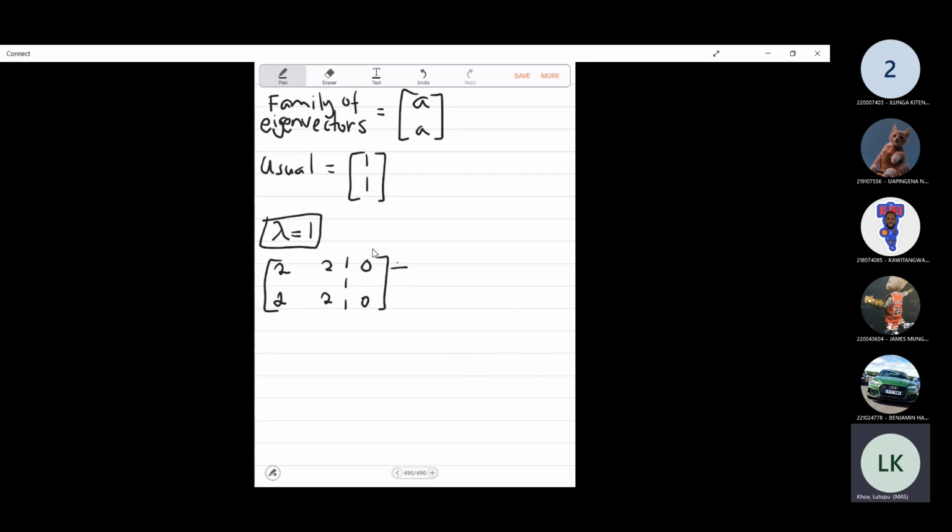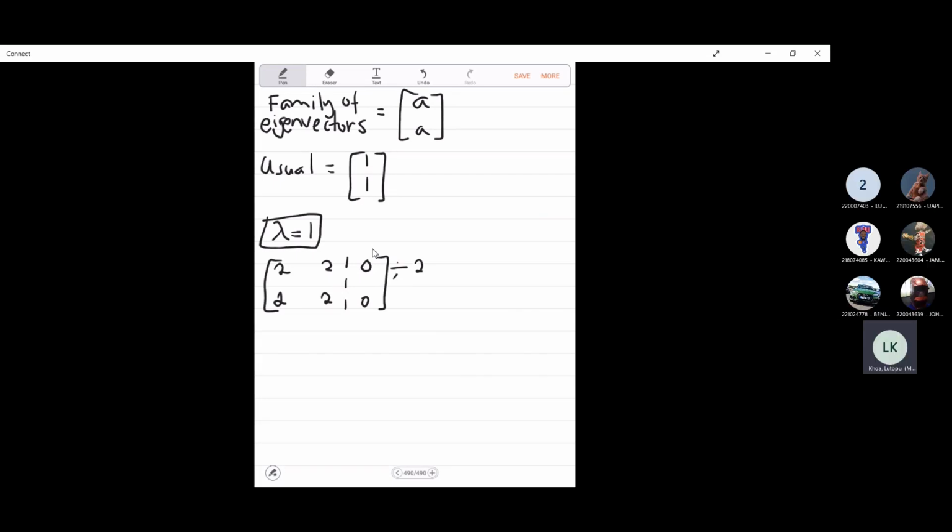So this row we will divide it by 2, and then here we will say row 2 minus row 1. Okay, this gives us 1, 1, 0. Then 2 minus 2 is 0, 2 minus 2 is 0, 0 minus 0 is 0.